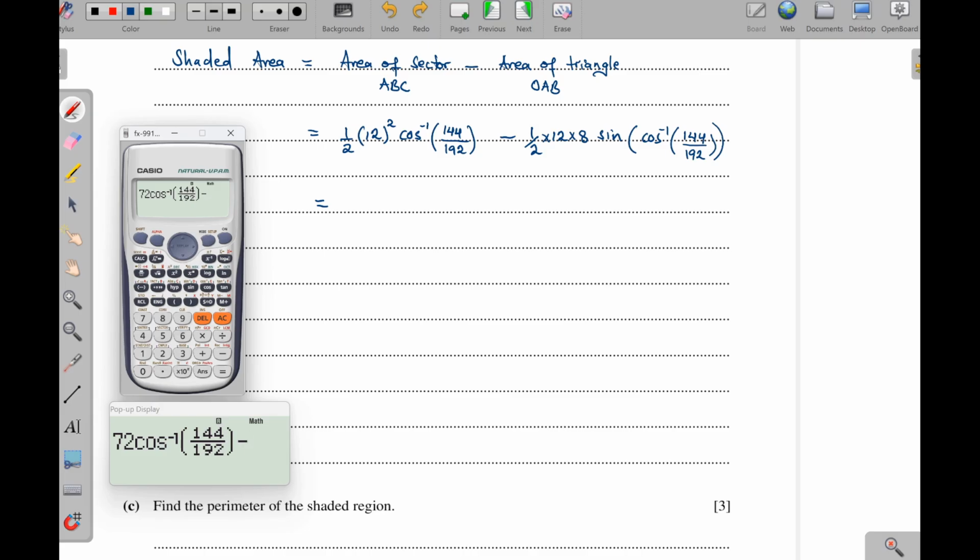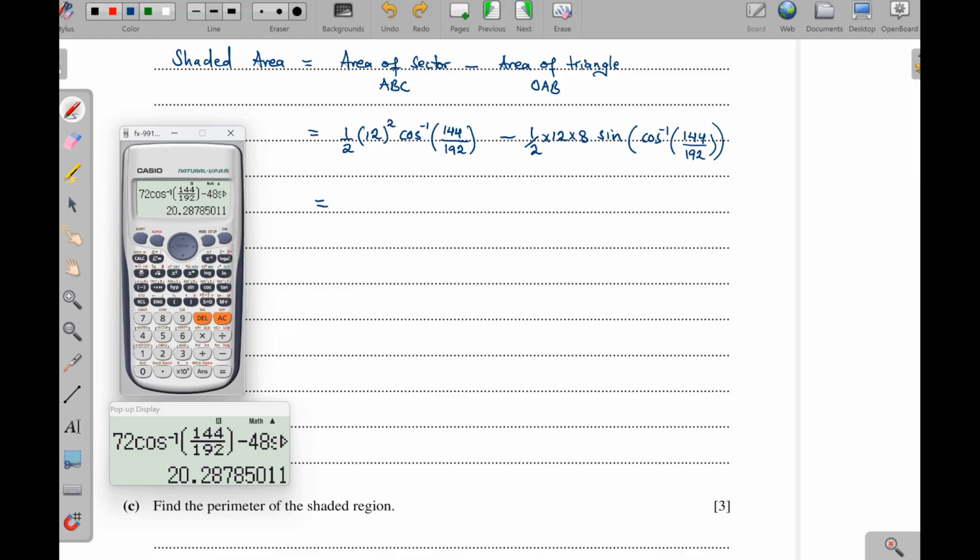Then minus 12 times 8, I think that is 96. 96 divided by 2, that is 48. So we have 48. Then sine of the arc cos of 144 out of 192. I'll close this bracket, then I'll close that for sine also.